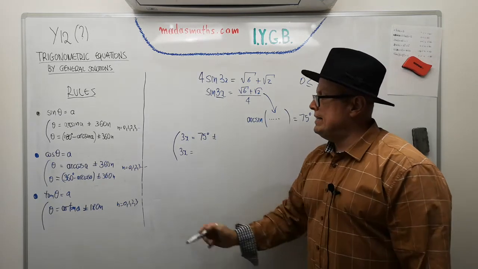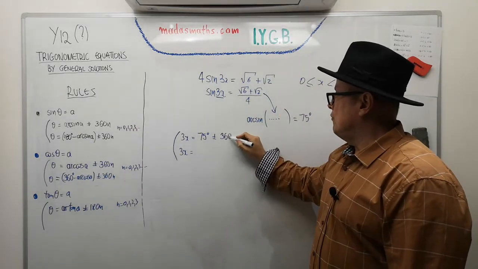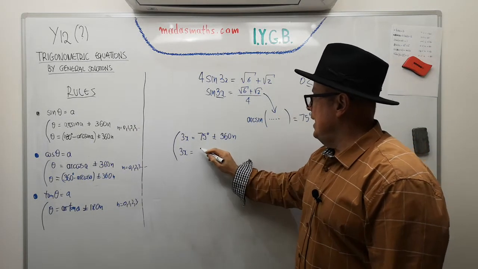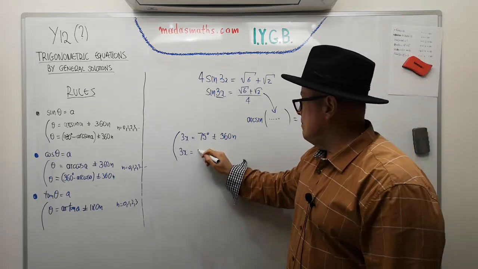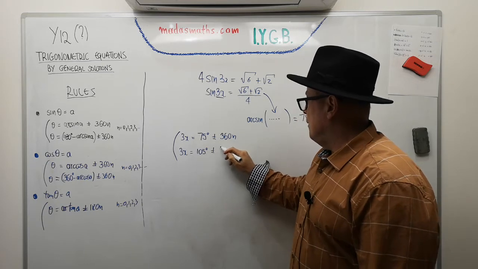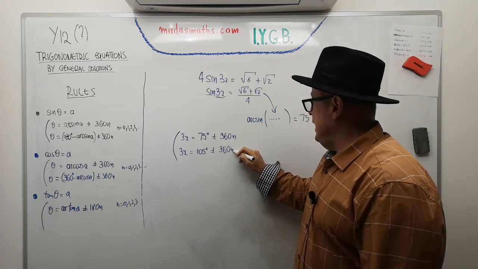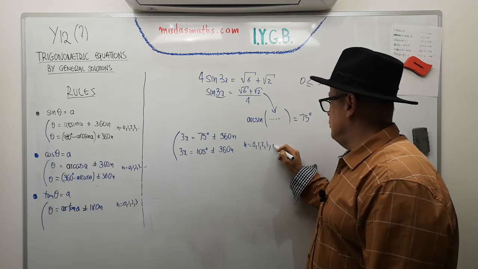Sine and cos repeat every 360, as you can see in there, plus or minus 360n. And the secondary one for a sine, 180 minus, so 180 minus will take me to 105 degrees, plus or minus 360n, where n is 0, 1, 2, 3, and so on.